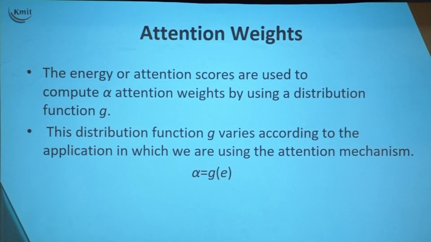So what are we doing? We have a key, a query, and values; we correlate key and query and produce an attention score by using a suitable mathematical function. Using a distribution function on these attention scores, you will calculate the attention weights.